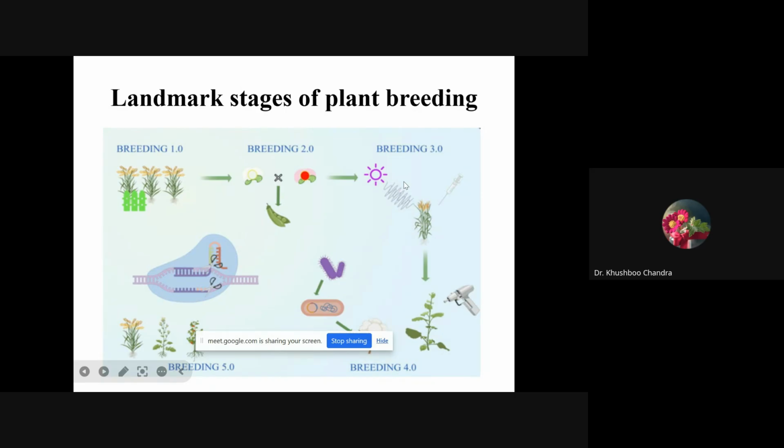Then we started with breeding 3, that is mutation. Either nature shows it or we chemically induce the mutation to create variation. And side by side with genetic transformation, Agrobacterium-mediated transformation, we started gene editing. That is the utmost we have today.